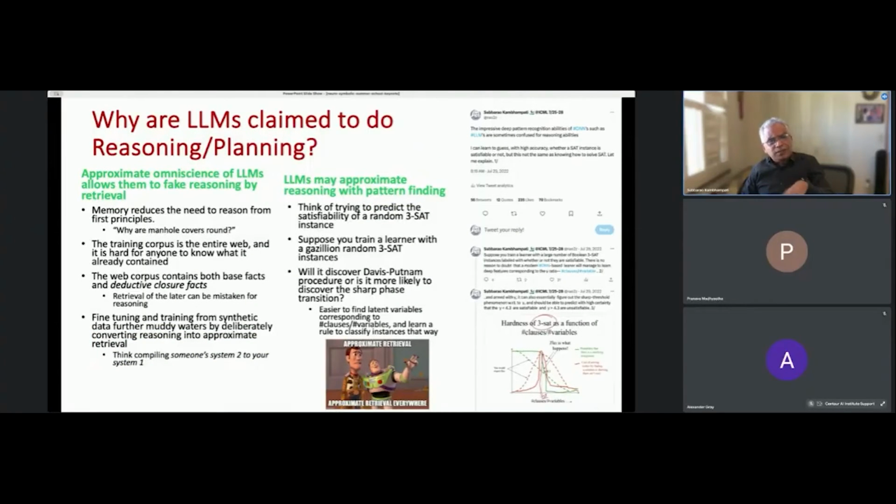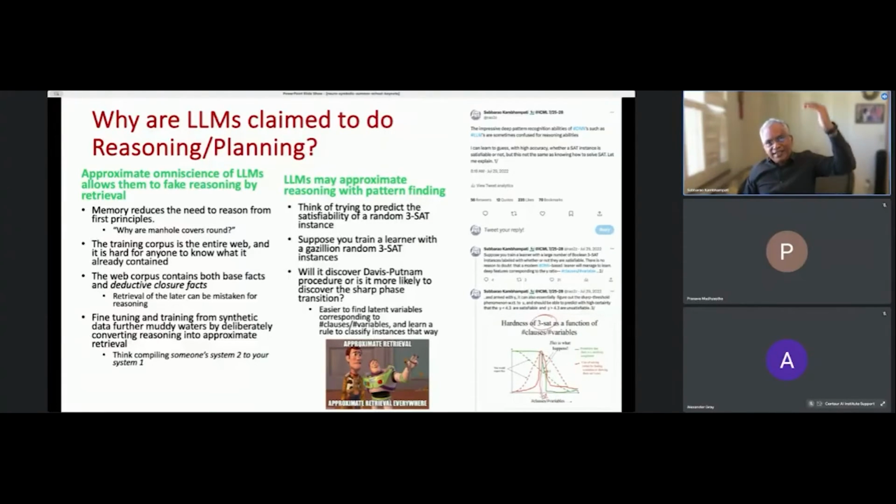That explains why LLMs, and the other reason why LLMs are claimed to do planning and reasoning, is that oftentimes you can confuse retrieval for reasoning. If I give you a whole bunch of problems and their answers beforehand, and then somebody else asks you how to solve this planning problem, and you're able to approximately retrieve from the problems that you've been trained on, that didn't involve reasoning, it involved retrieval.